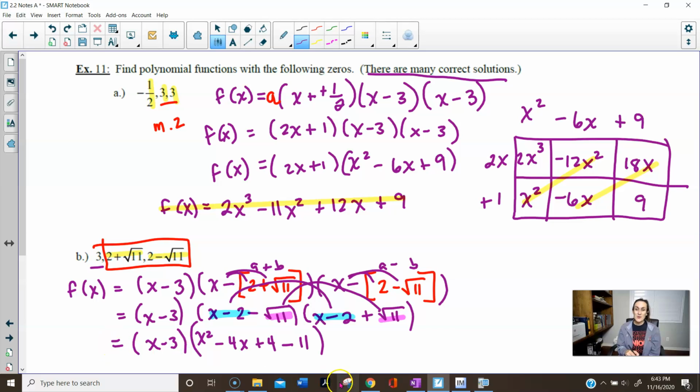Okay, so now I'm ready to make my box again. My picture is kind of in the way, gosh darn it. But I have up top x squared subtract 4x, and then 4 subtract 11 is going to be negative 7. And then across the side is going to be x subtract 3.